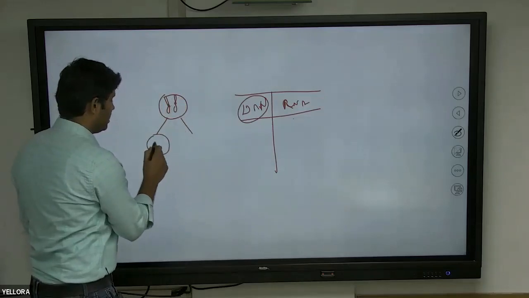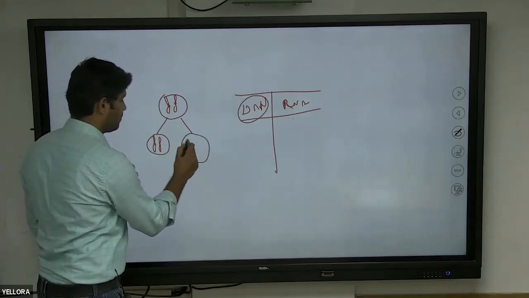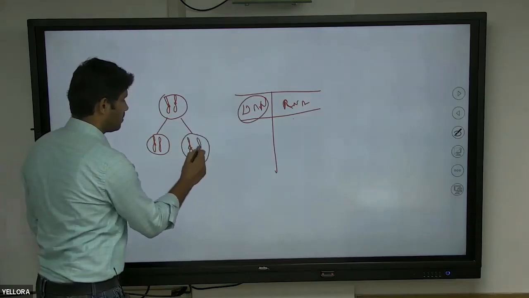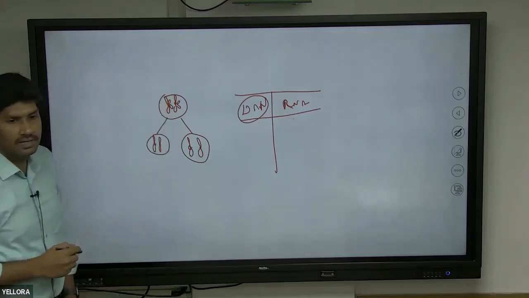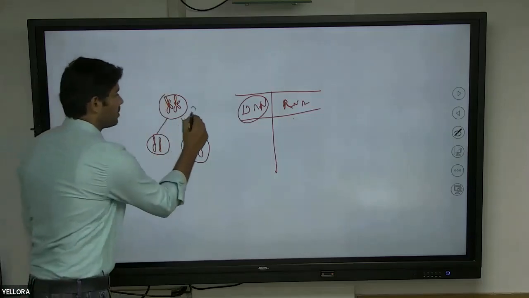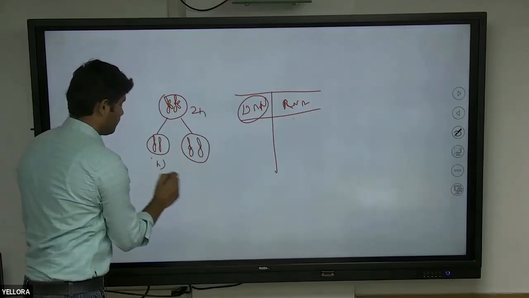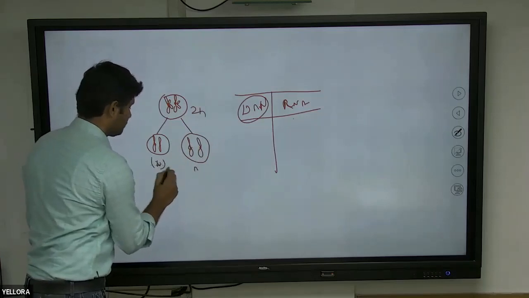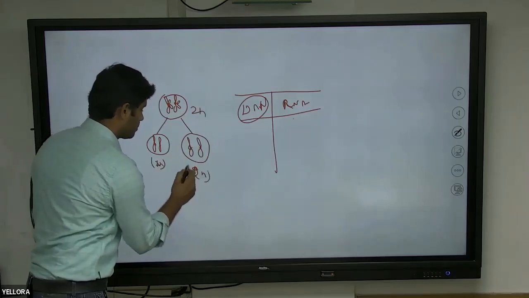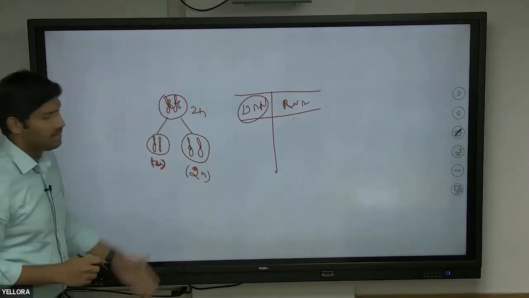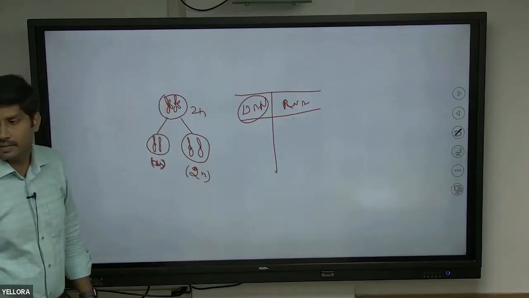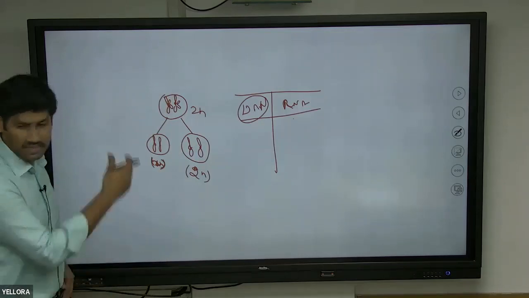At the end of mitosis, the 2 daughter cells have the same chromosome number, 2n. Mother cell, daughter cells, that is the difference.